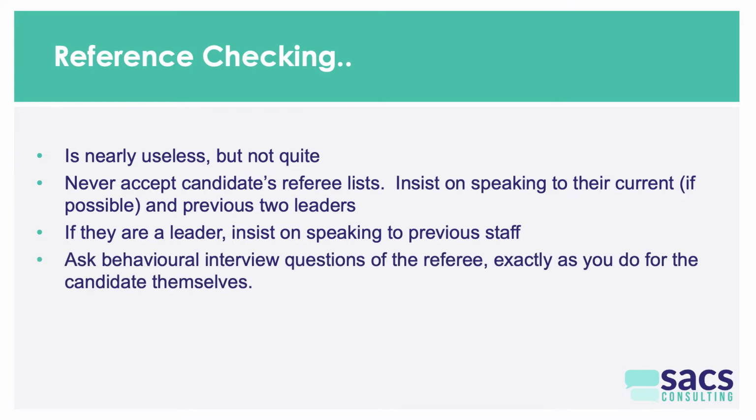Ask behavioural interview questions of the referee exactly as you do for the candidates themselves. If you've watched video number 6 in this sequence, you will have noticed that we've given really practical suggestions about how to create behavioural interview questions. The best reference checking approach is to ask exactly the same behavioural interview questions of the referee as you asked the candidate.